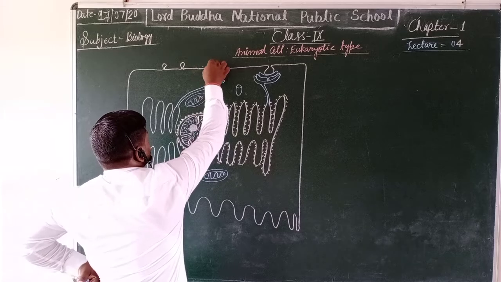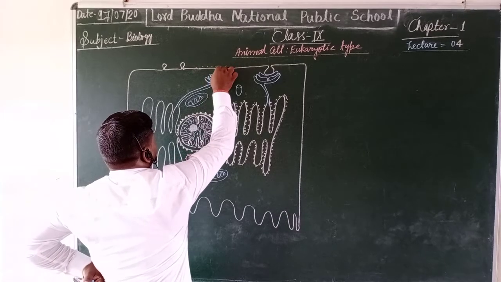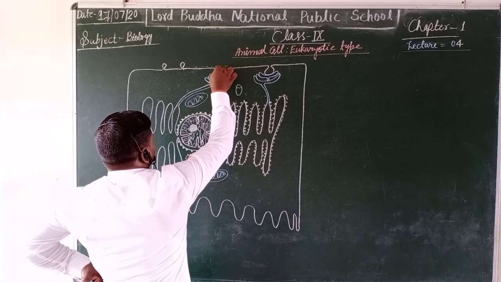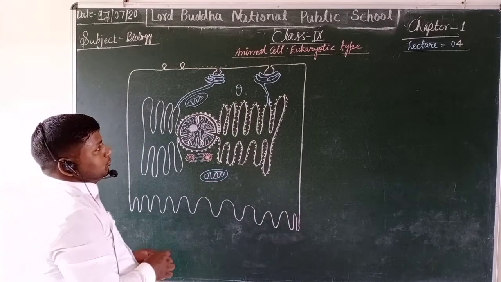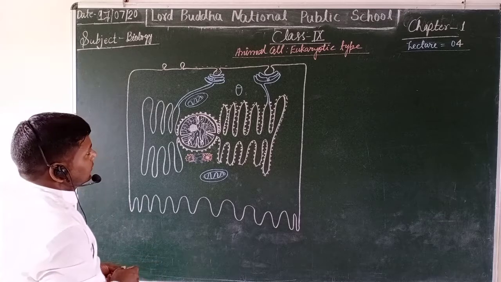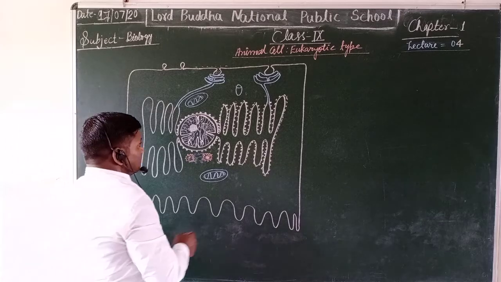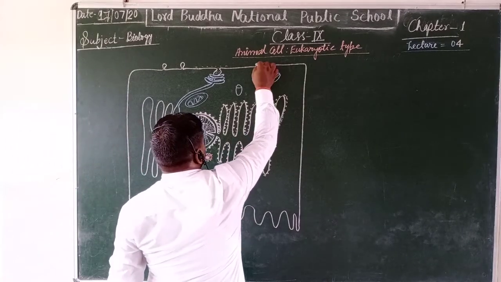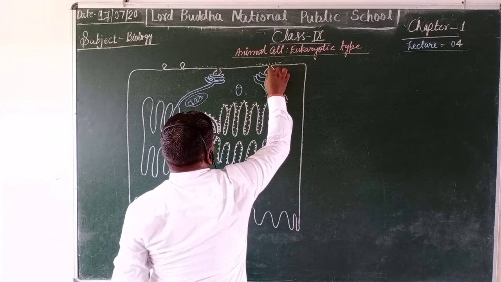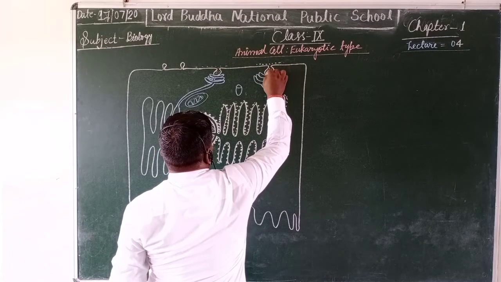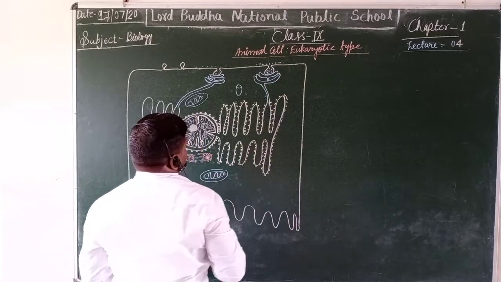This represents the pinocytes, which are present on the cell membrane of the animal cell, and these are phagocytes.